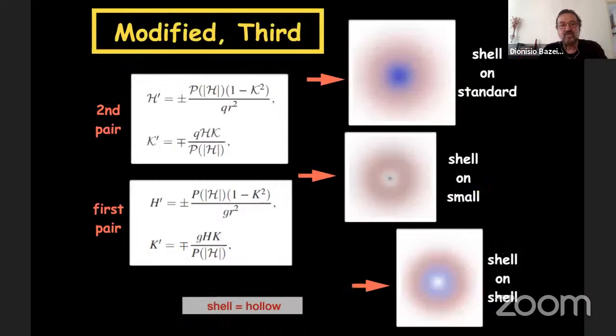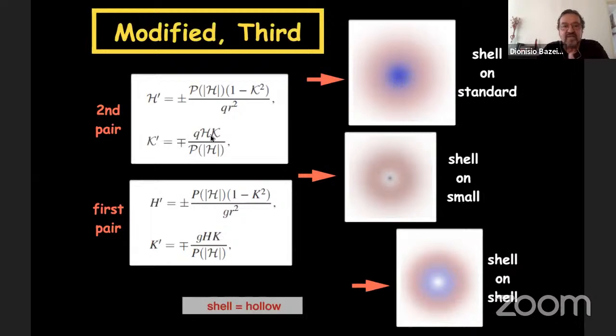Okay? So we can write this and solve this, with the blue color here that I'm showing, for the first equation. This is a standard monopole, or we can choose P to write a small monopole, or we can choose this P here to write a hollow monopole, which is changing hollow to shell here.